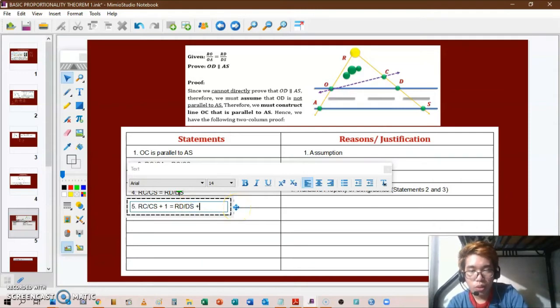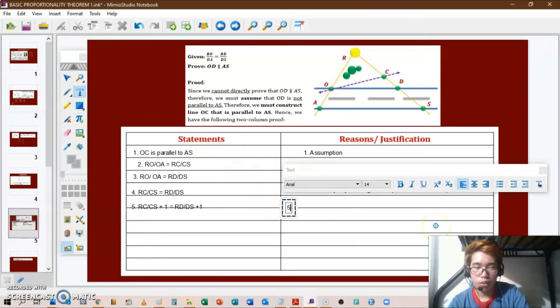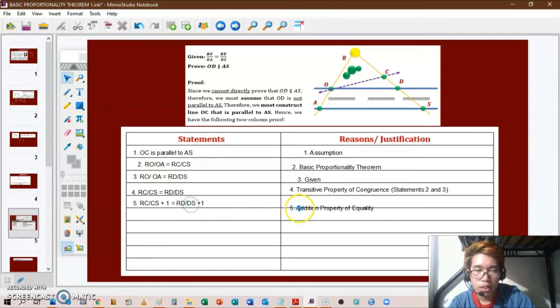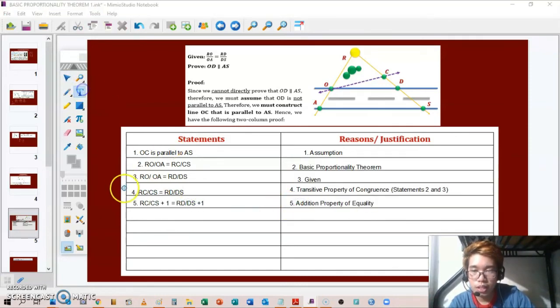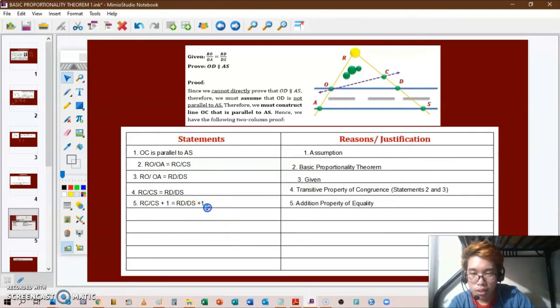The reason for that is simply the addition property of equality. For number 6, let's simply copy this one and paste it here.